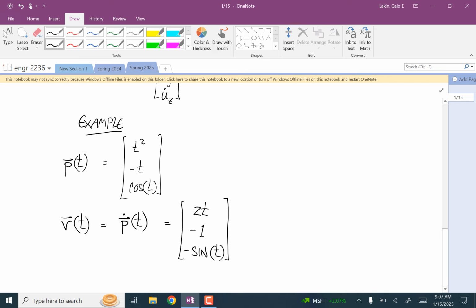Okay, so if this one above is the position vector of a particle as a function of time, then you know that the velocity is this. Okay, that gives the velocity vector. Any questions about that?